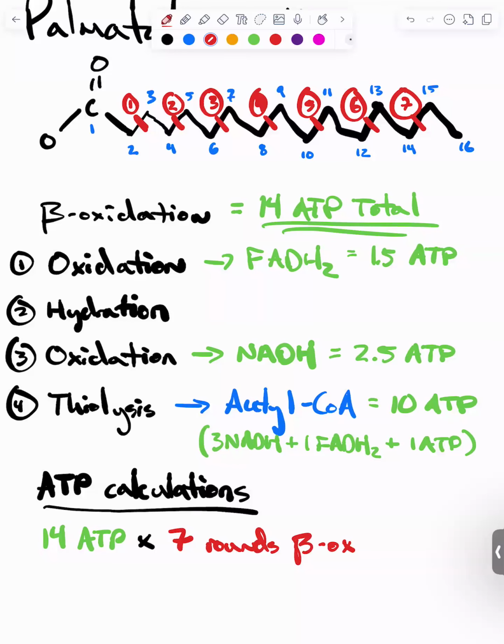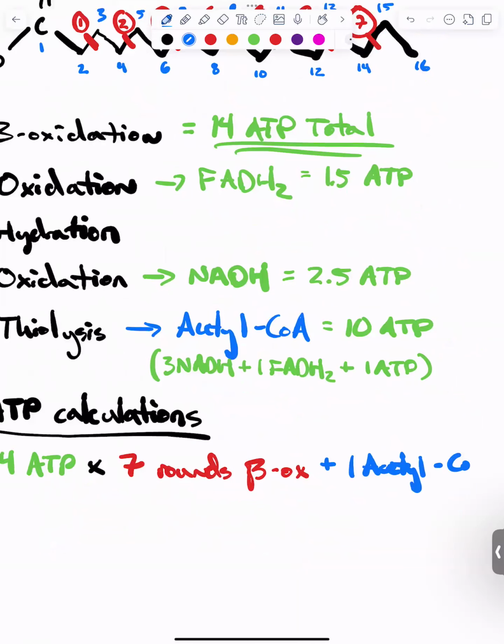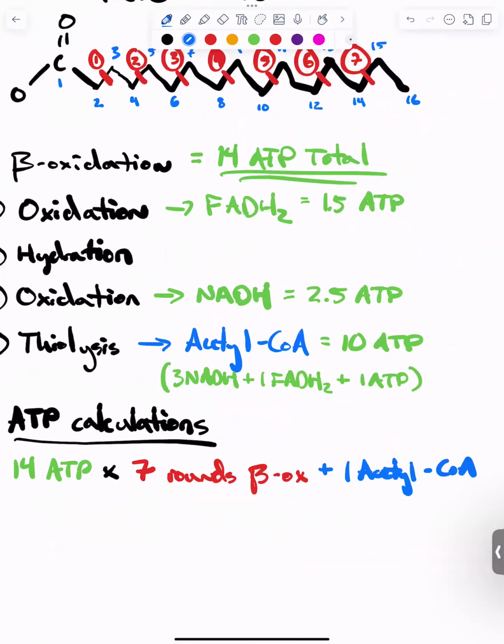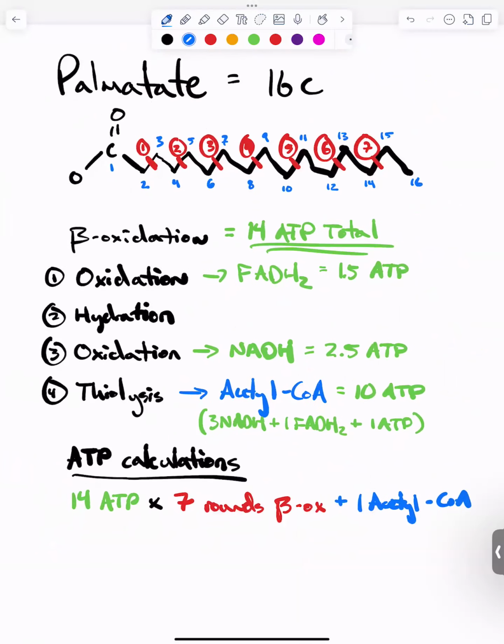You don't have to do an 8th beta oxidation step. So you also need to add plus 1 acetyl-CoA.